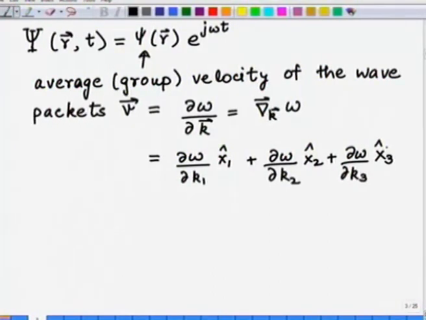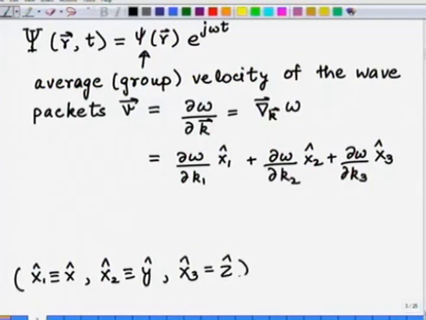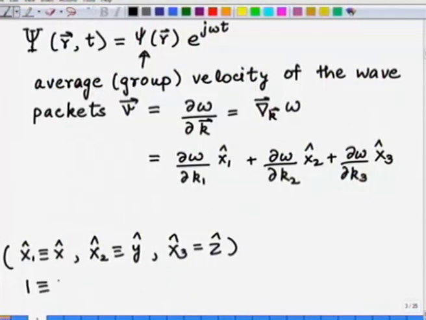All right. What does x1, x2, x3 mean? I hope you understand. In a Cartesian coordinate system, x1 hat would be equivalent to x hat, x2 hat would be equal to y hat, and x3 hat will be equal to z hat, meaning that 1 implies x, 2 implies y and 3 implies z.